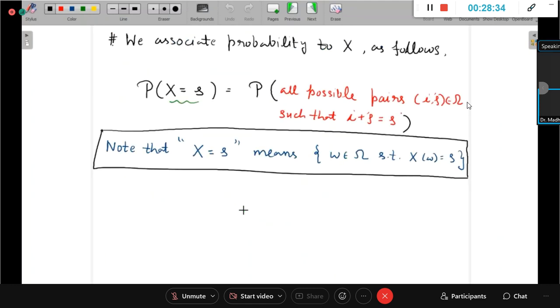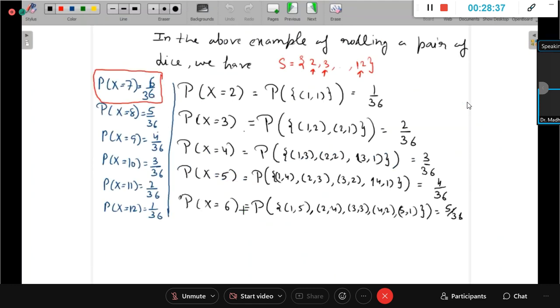Now let me come back here. I have assigned the probabilities for each case for the range space S1, from 2 to 12.